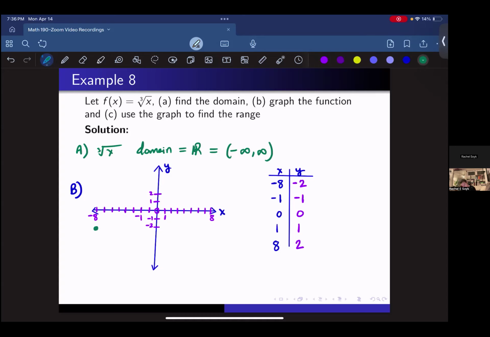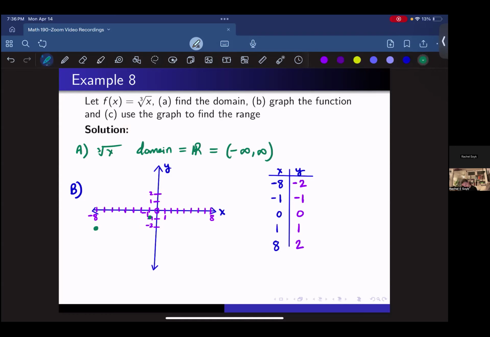We have -1, comma, -1. I'm gonna put my -1 in the wrong spot. We have our 0, 0. We have our 1, 1. And we have our 8, 2. So you'll notice it'll look something like this.